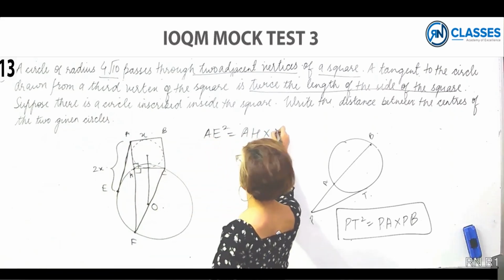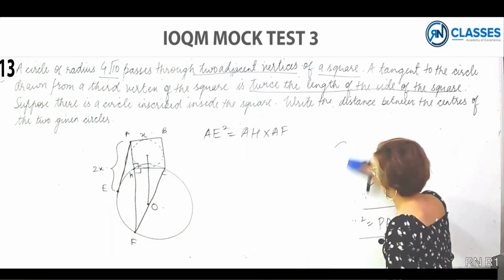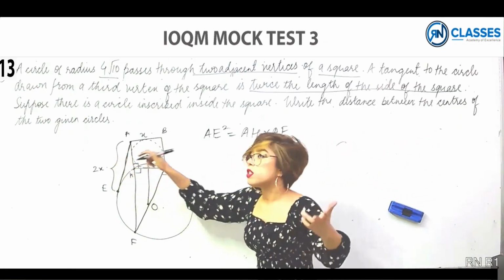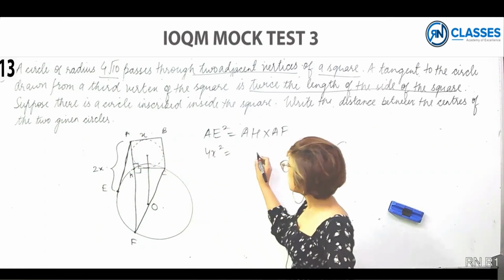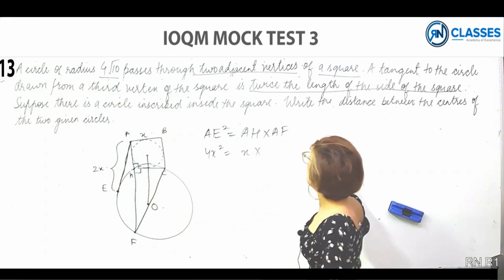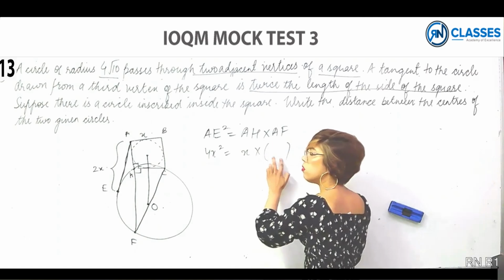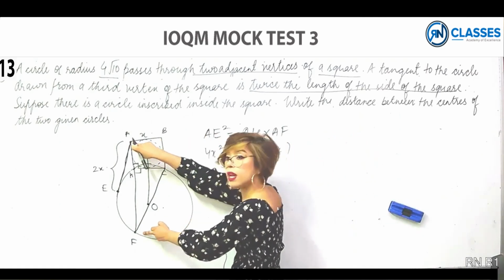Same result. Okay. Now, AE obviously is 2x whole square, so that is 4x square, is equal to AH obviously is side of the square, which is x, into AS. What should I multiply x by in order to get 4x square? Obviously 4x. Right? That means AS, this entire length is 4x.